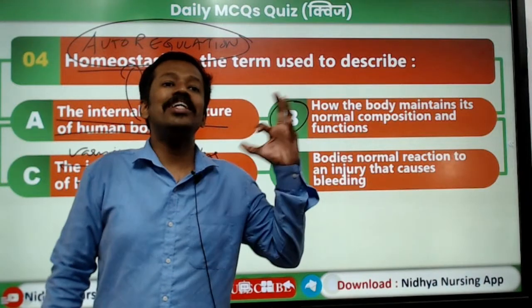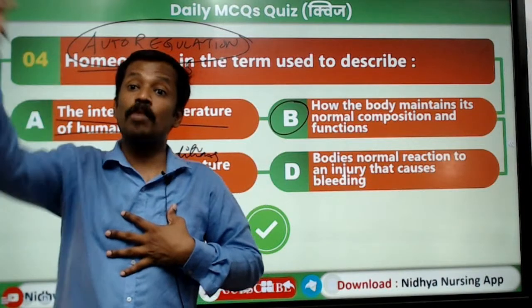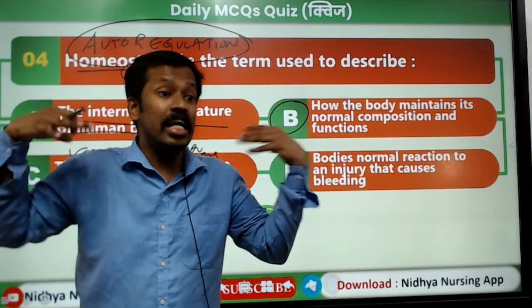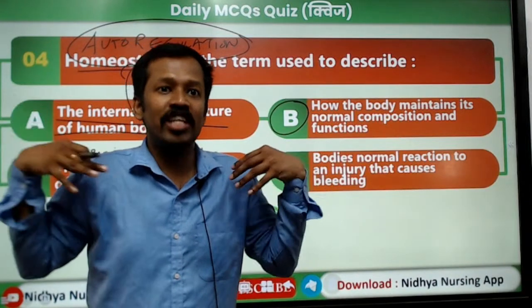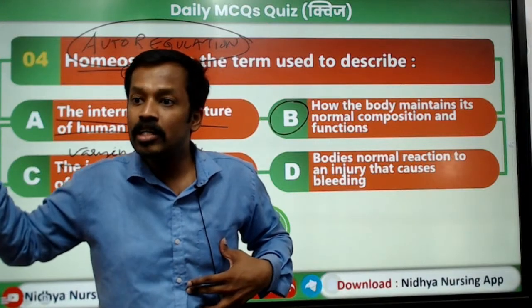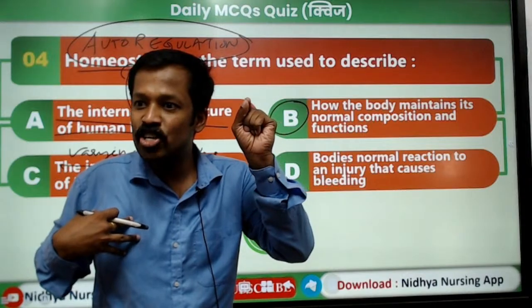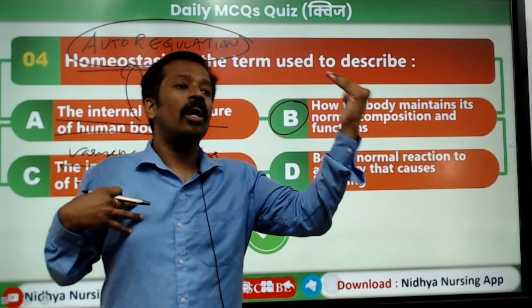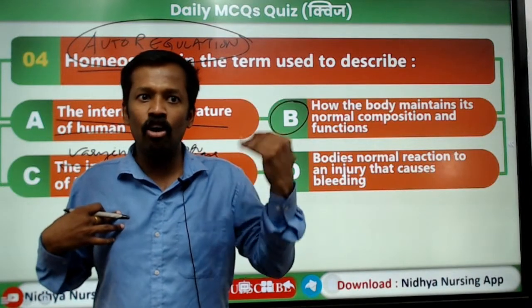How it is maintaining the normal composition, and other than that, suppose externally there is a very unfavorable situation, an environmental influence. For example, with climate change our body temperature rises slightly. In an extreme cold area, what happens?